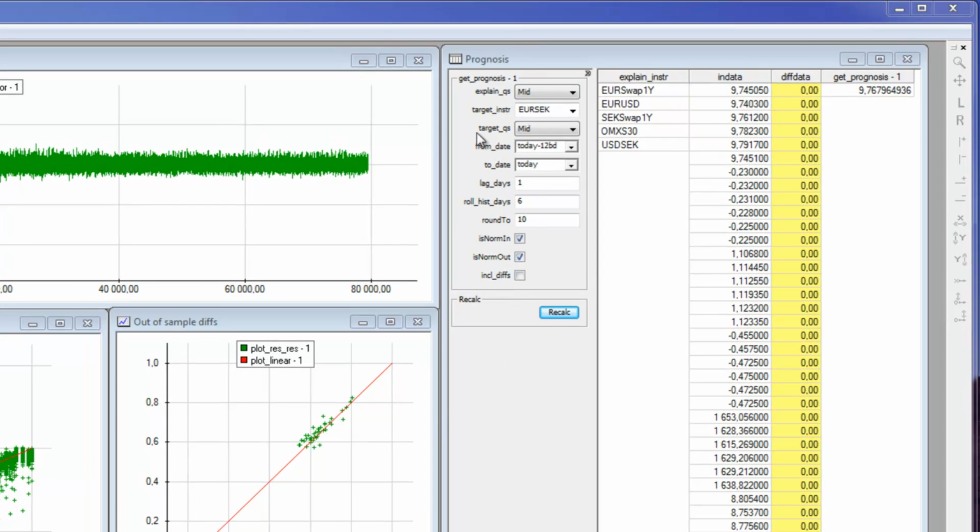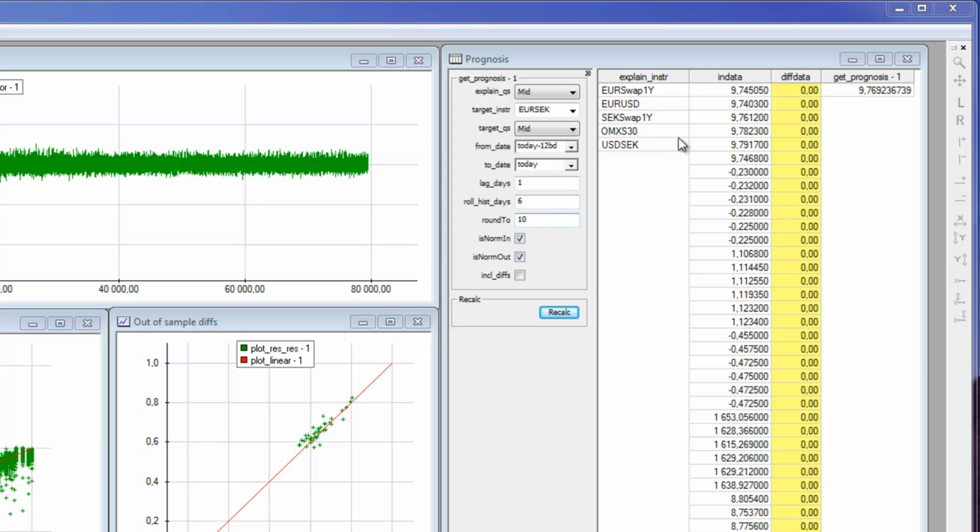So let's enter some data that we feed into the network. We're obviously using the same data with the 6-day rolling history from the same time series.